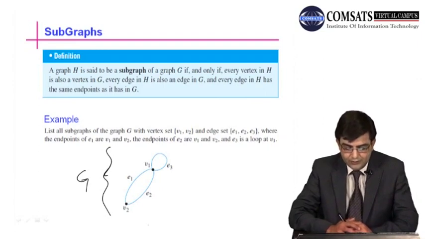E3 is a loop and E1, E2 are parallel edges.